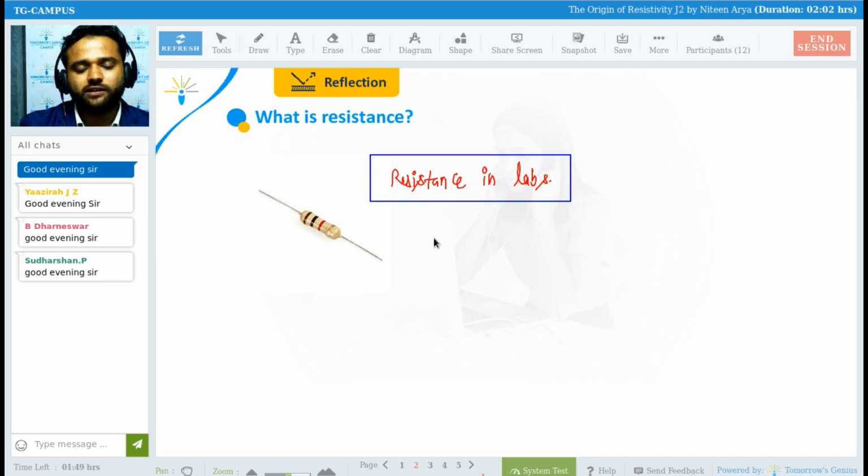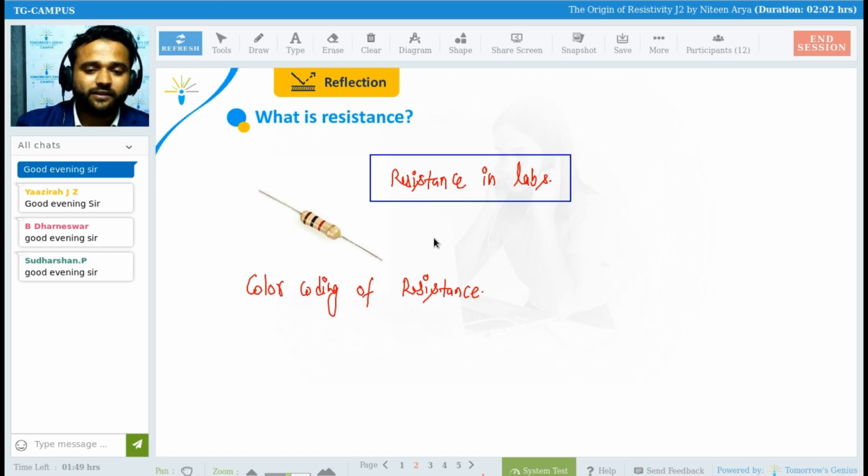And in your CBSE syllabus the color coding has been removed, but in this particular chapter we're going to give you the color coding also. Color coding of resistance: B B Roy of Great Britain has a wife, something like this. In the next lecture maybe you're going to get it. So that is color coding. This is brown, black, red.